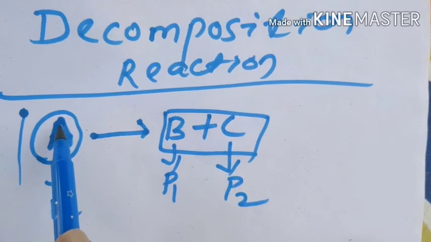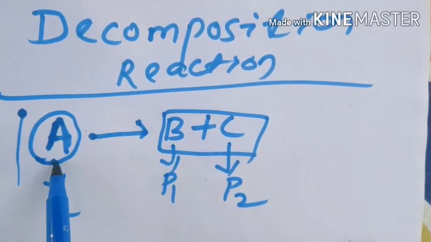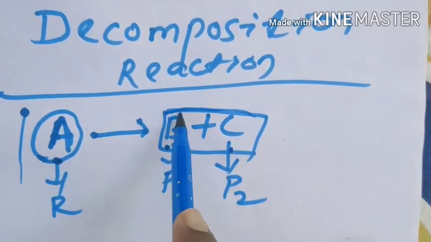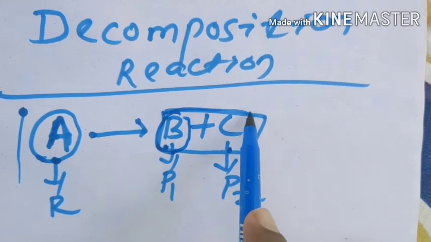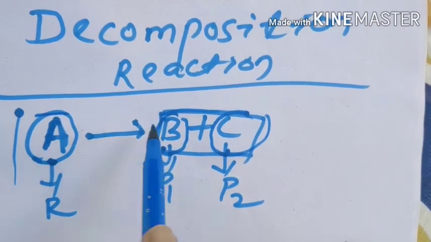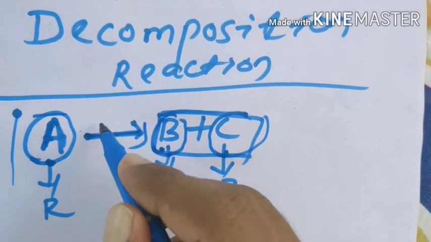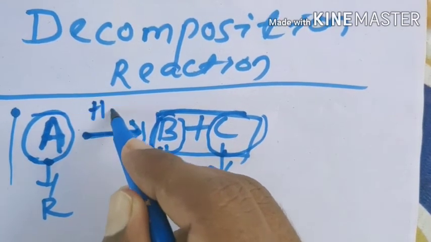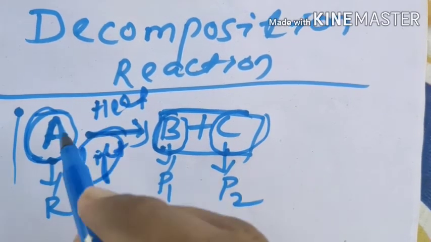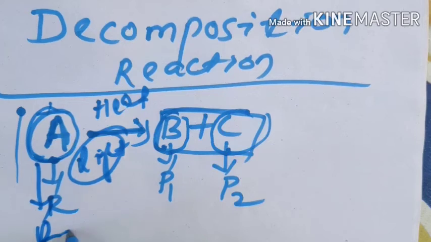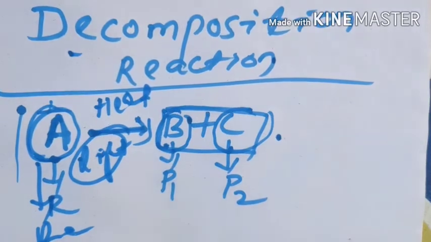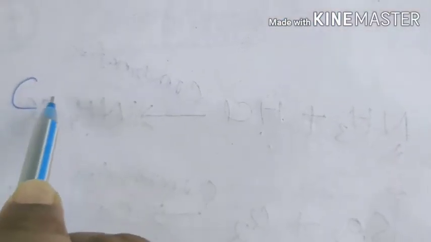In this type of reaction, the chemical bonds of the reactant break down, and a new bond is formed in B and another new bond is formed in C. This process mainly occurs when heat is applied, or when light falls on the reactant, and two or more products are formed. So it is called a decomposition reaction. Example: suppose calcium carbonate.